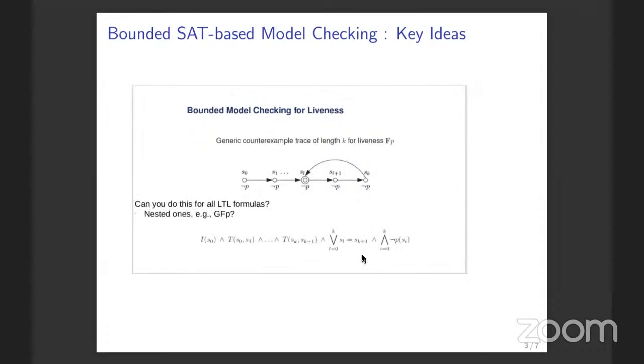For checking liveness of formulas of the form F of p, because the witness to the violation of this has to be an infinite path, every counterexample is lasso shaped.